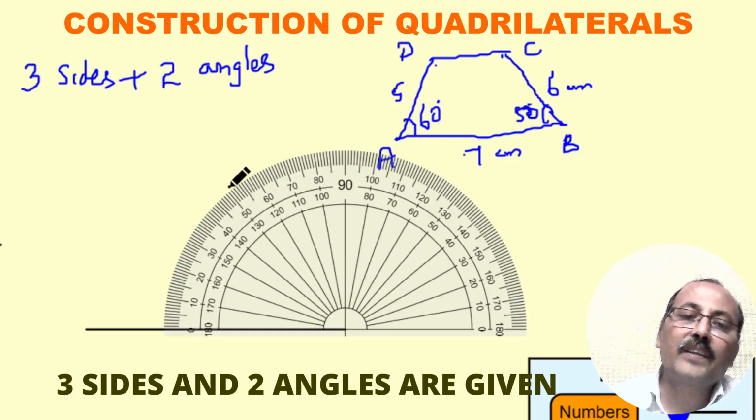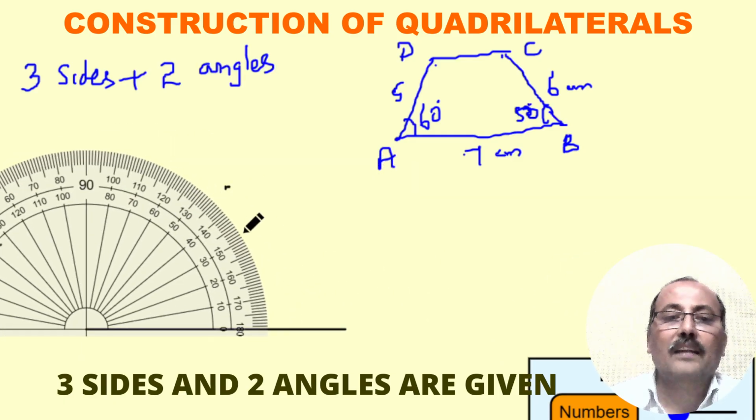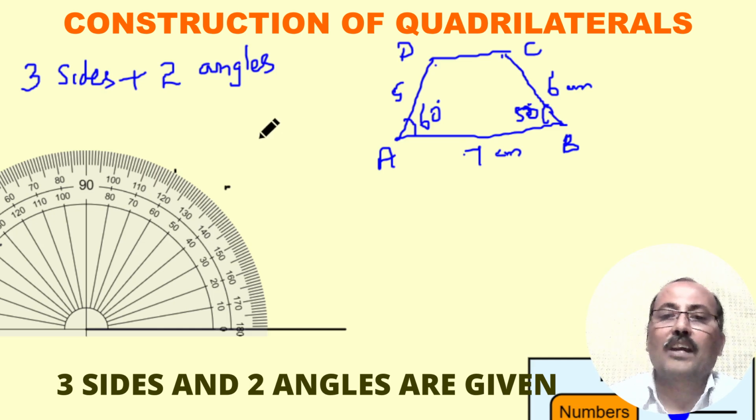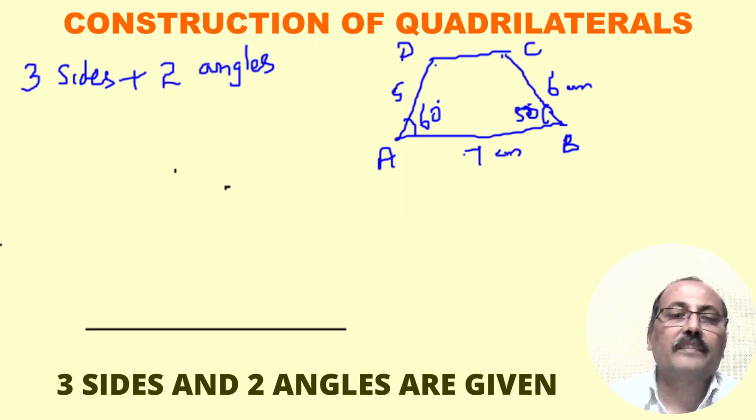Yes, here is 50 degree. And I'll do it at a time. Here, keep the protractor and draw here at 60 degree. Okay, 50 degree and 60 degree I have drawn. Okay, let us remove the protractor. Now join these two.